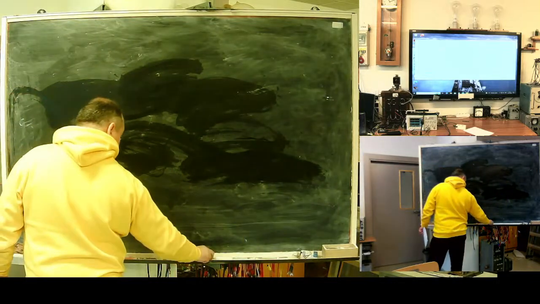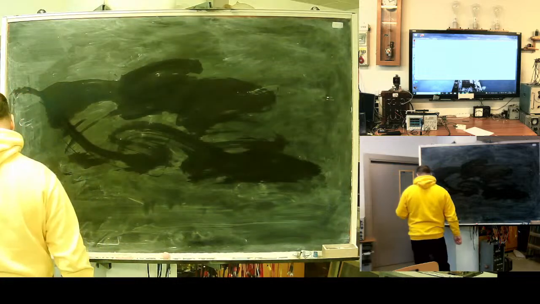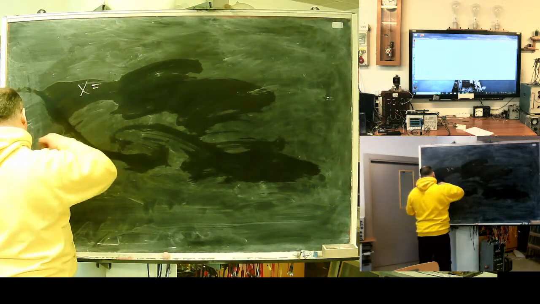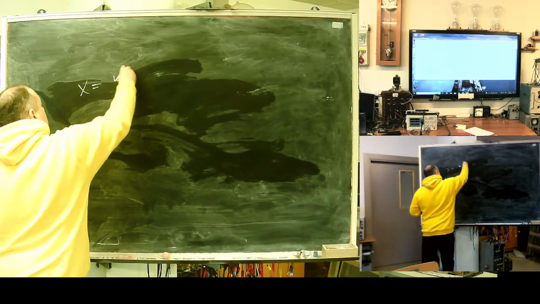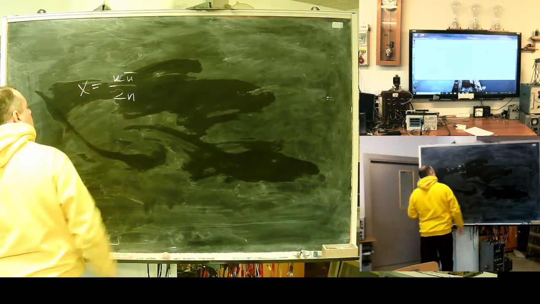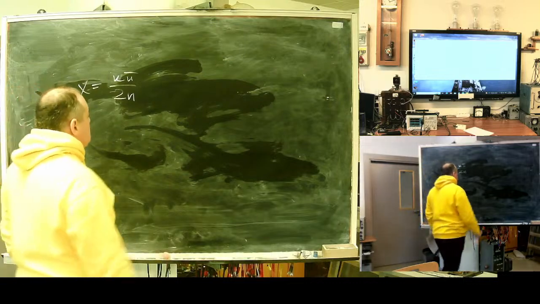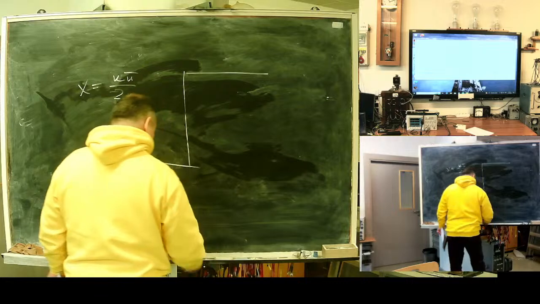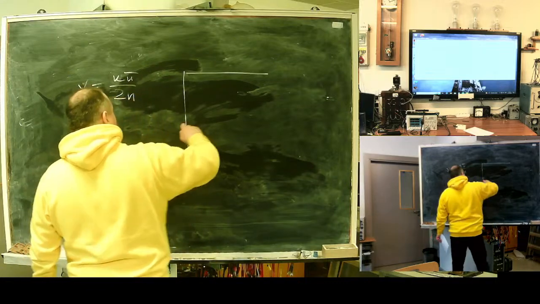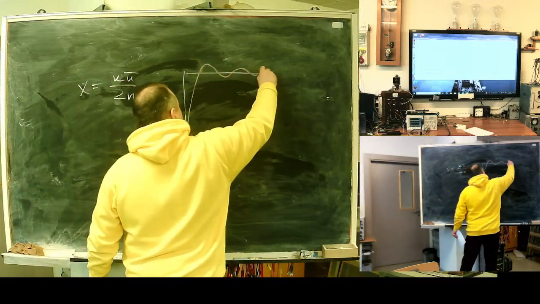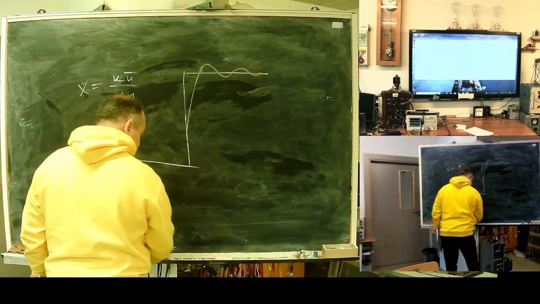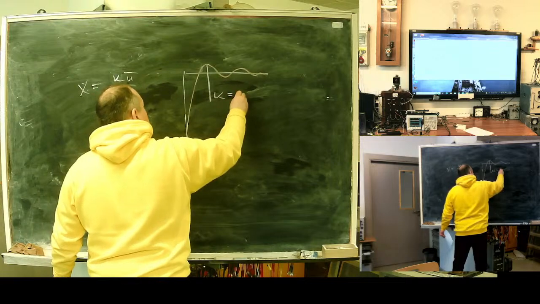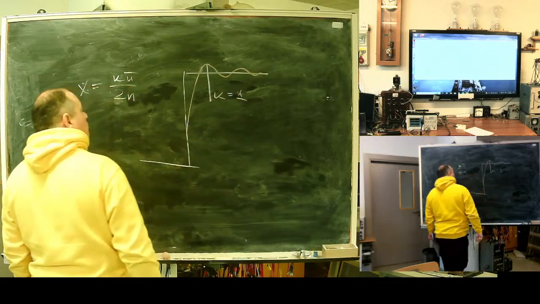As a result, I will have kπ divided by 2n. Here is my signal. I see such oscillations. This one corresponds to k equals 1.